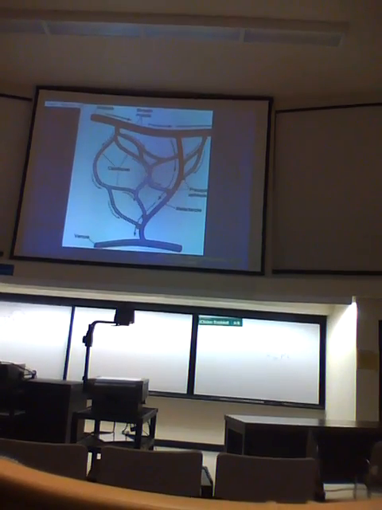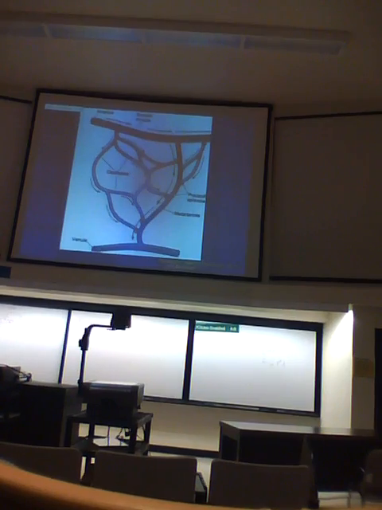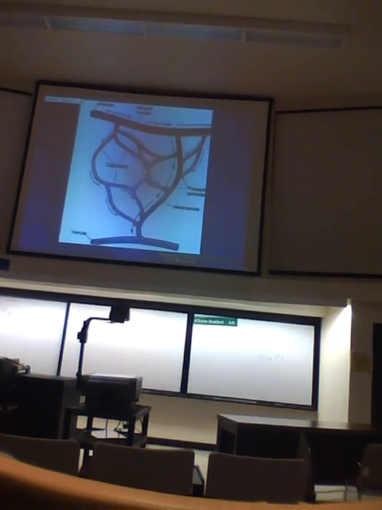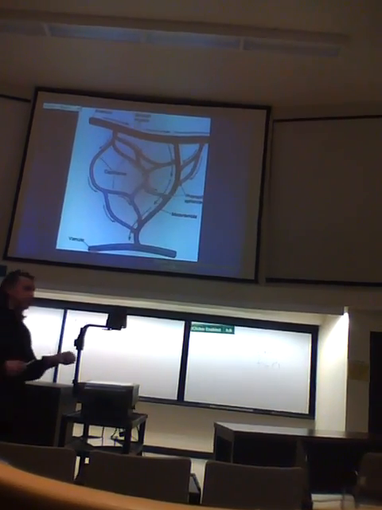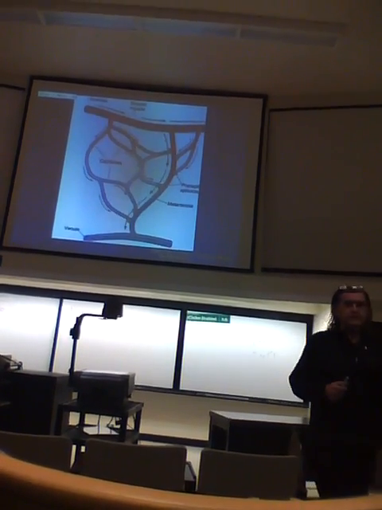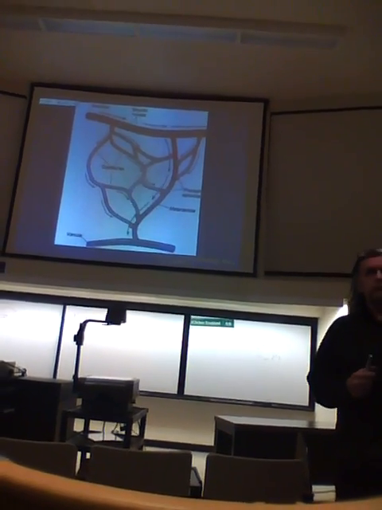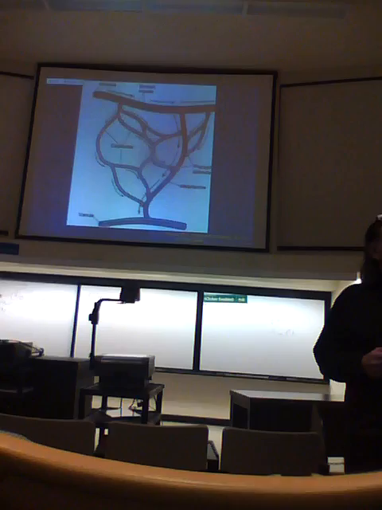So when you have hydrostatic pressure, although it's called hydrostatic pressure, I'm not sure why that sort of lived for 100 years, but that's what it's called. It is basically the pressure that is produced by the contraction of the heart.